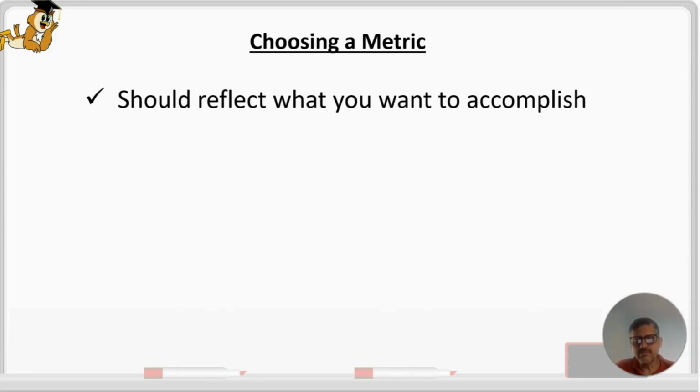Okay, and some metrics may work better than the others. But no matter which metric you decide to choose, it's always a good idea to invest some time in thinking about the metric that you want to select, okay? And make sure that it reflects exactly what you want to accomplish, okay? So when you're choosing a metric, the first thing you should do is make sure that it reflects what you want to accomplish.